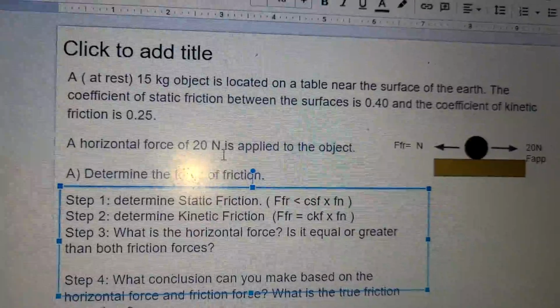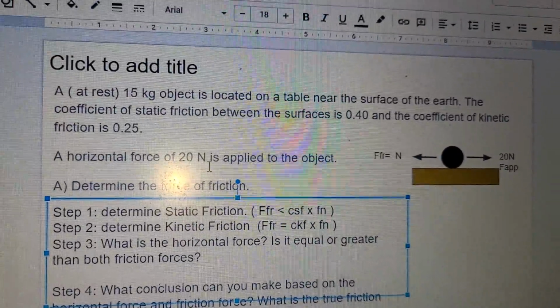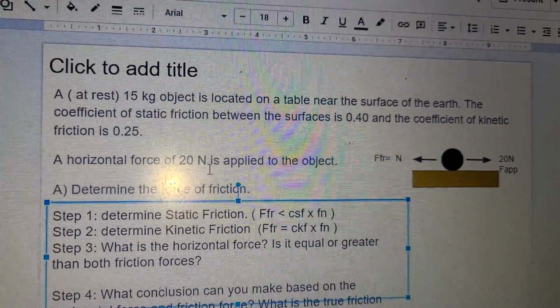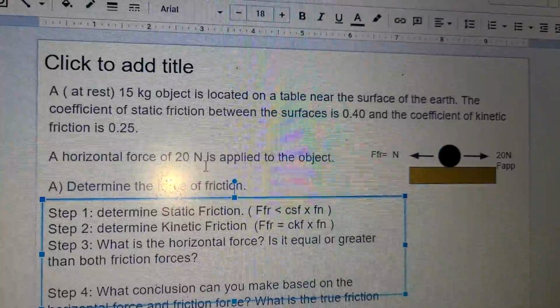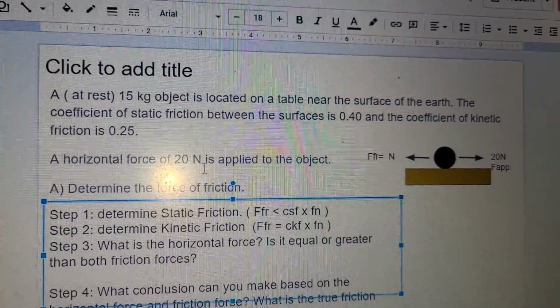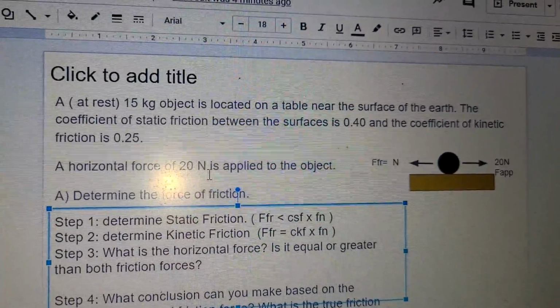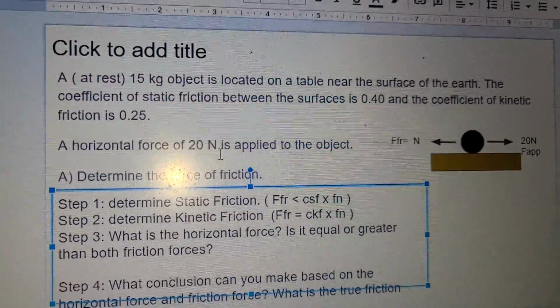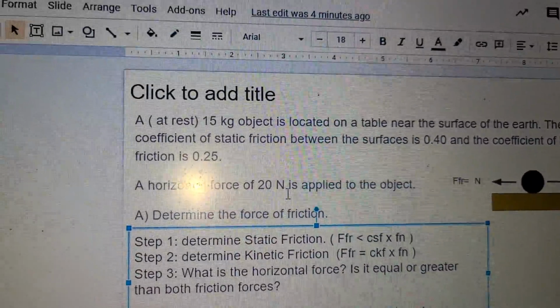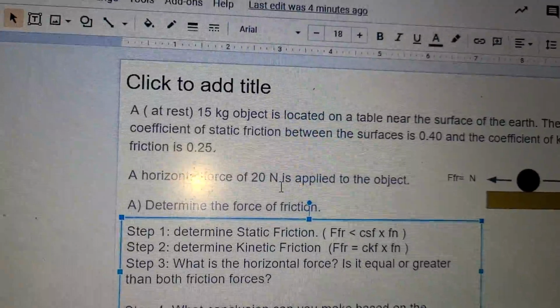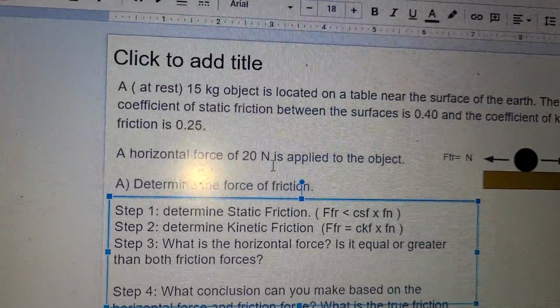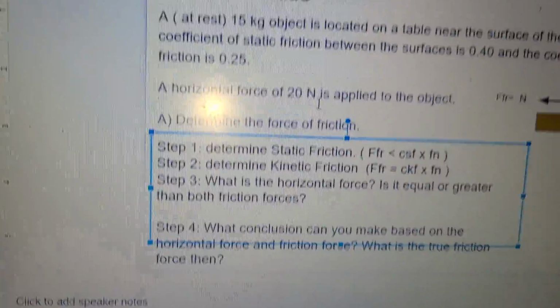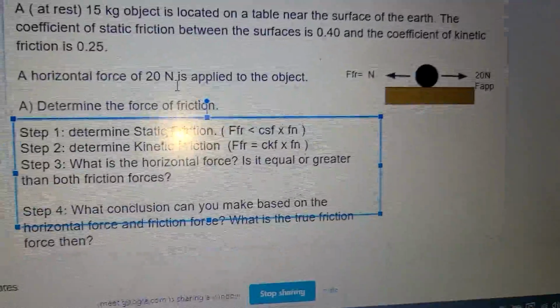But there are other forces that they did not see also working outside of what they applied. For example, they didn't notice static friction that's also working as they applied force to this object, nor did they notice kinetic friction. So with that being said, we need to determine what the force of friction actually is.